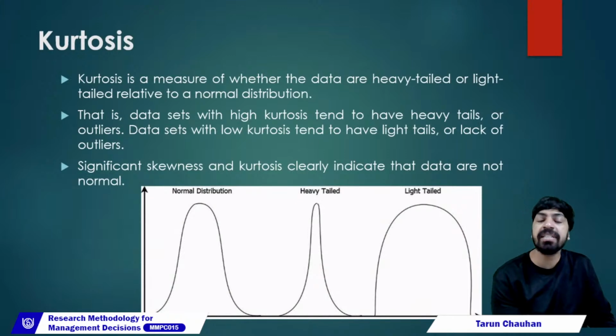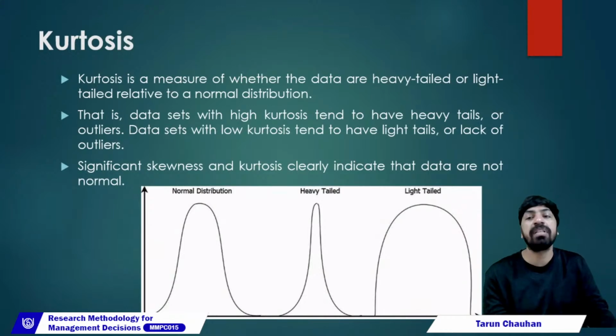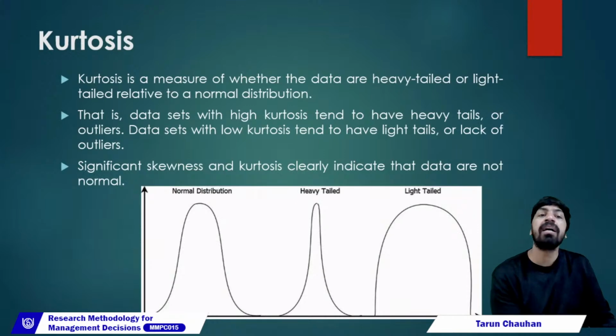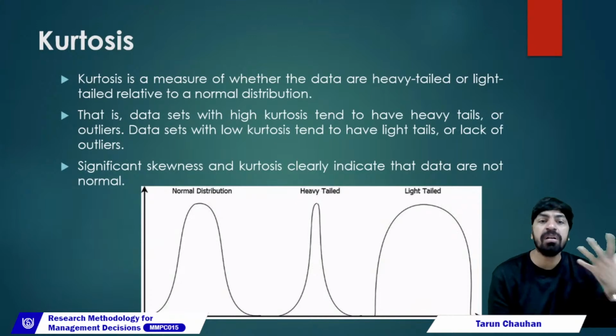That is, a data set with high kurtosis tends to have heavy tails, and a data set with low kurtosis tends to have light tails or lack of outliers. So high kurtosis means heavy tails, and low kurtosis means light tails or lack of outliers.